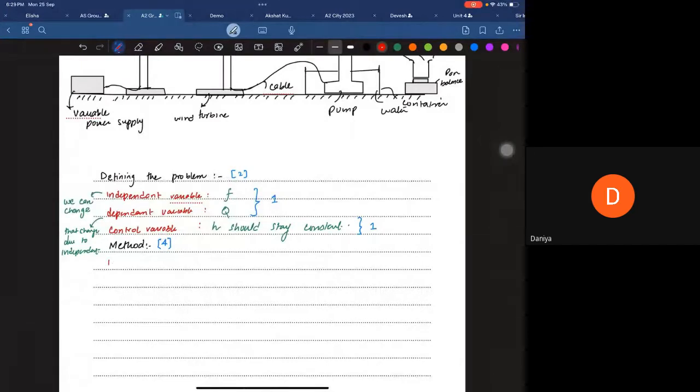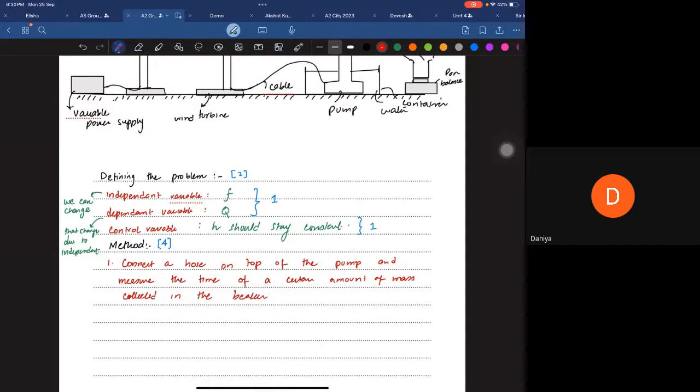First of all, connect a hose on top of the pump and measure the time of a certain amount of mass collected in the beaker.